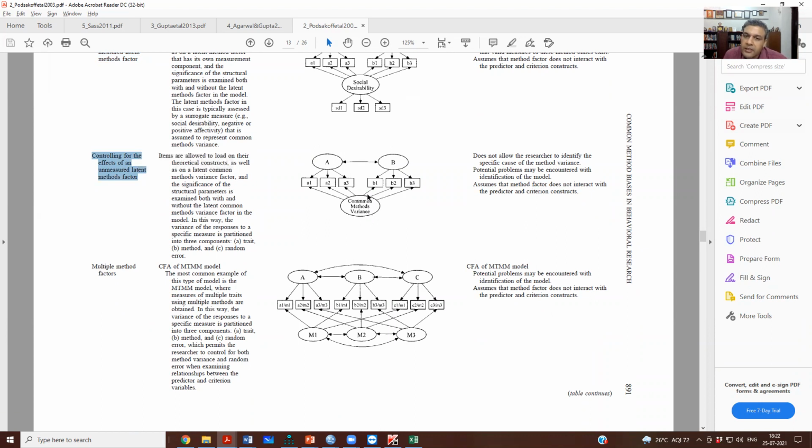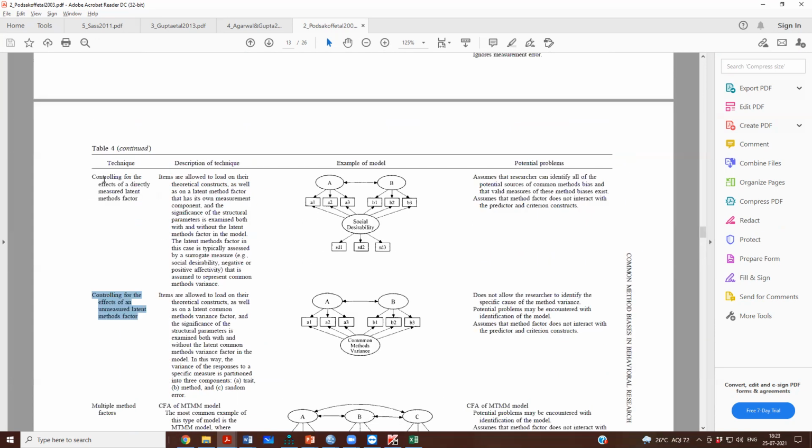This is the other method that I showed you, which is how you would control if you have not measured it. I recommend that at least one of these should be tried out to check whether you are still getting significant results after accounting for these common method factors.